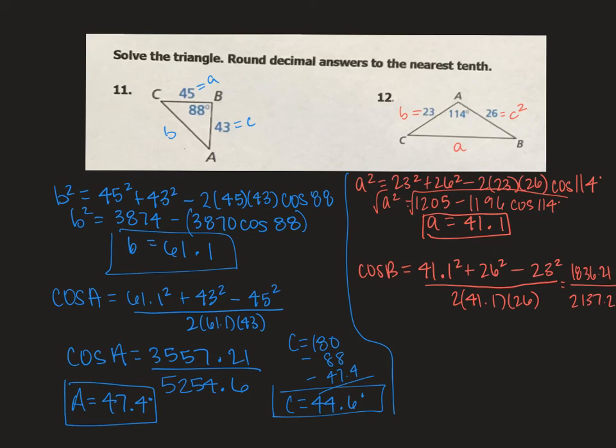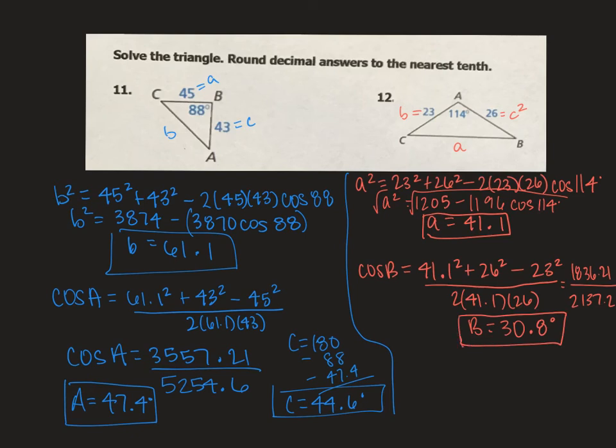And then remember, inverse cosine. So the inverse cosine of 1836.21 divided by 2137.2 to the nearest tenth is going to give me about 30.8 degrees. Make sure you're rounding completely.